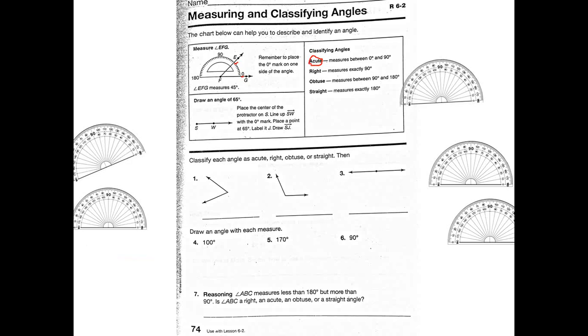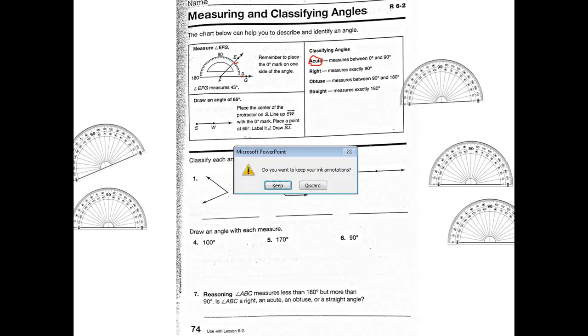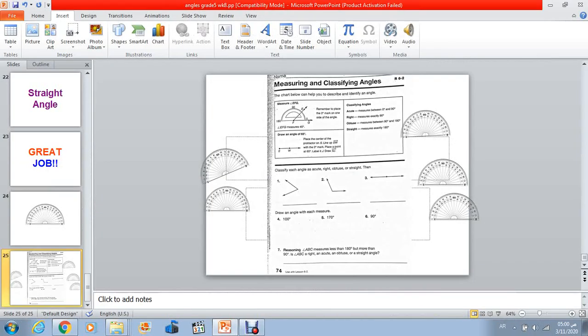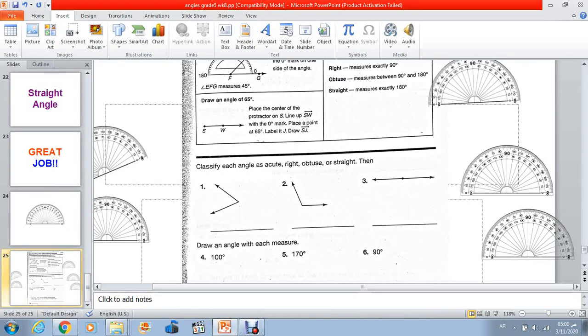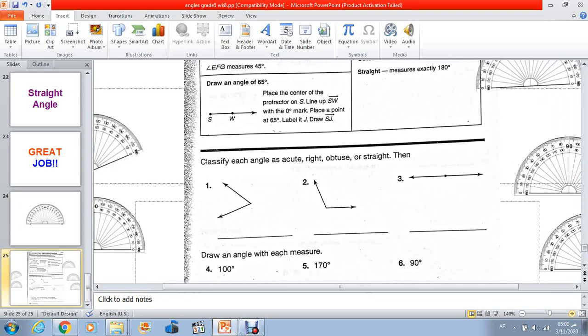Now let's try to start answering. I have to move the protractor a little and show you how we can do it. Let's zoom in. It says classify each angle as acute, right, obtuse, or straight, then measure each angle.